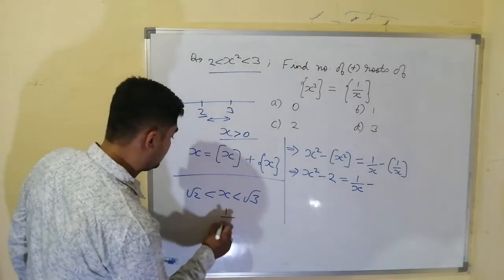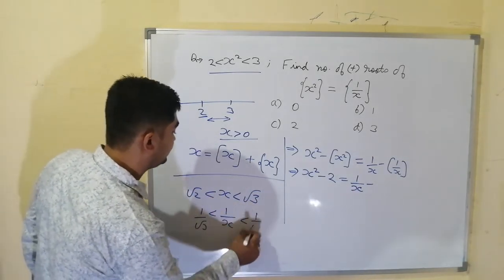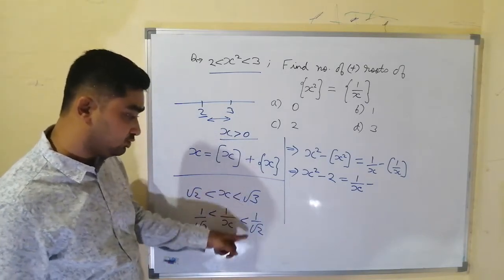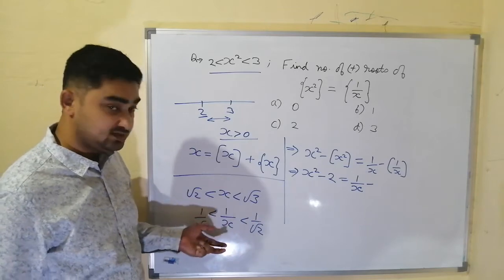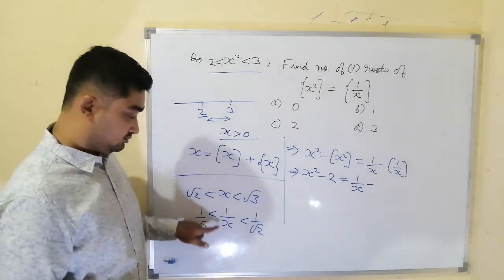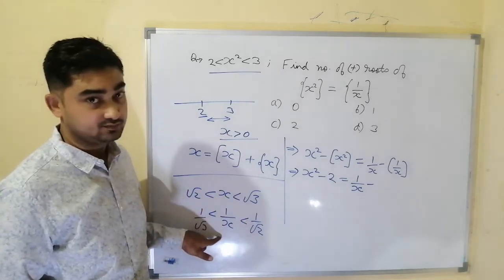If x is between root 2 to root 3, 1 by x is between 1 by root 3 to 1 by root 2. When 1 by x is between 1 by root 3 and 1 by root 2, that means 1 by x is always less than 1 and greater than 0. 1 by x is greater than 0 but less than 1.